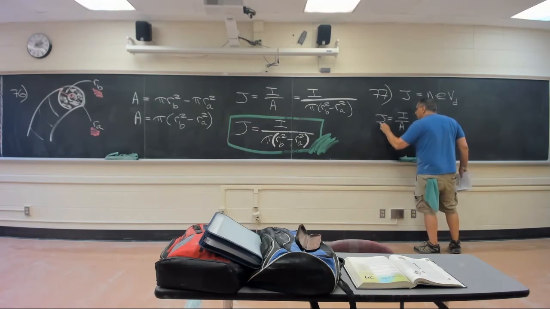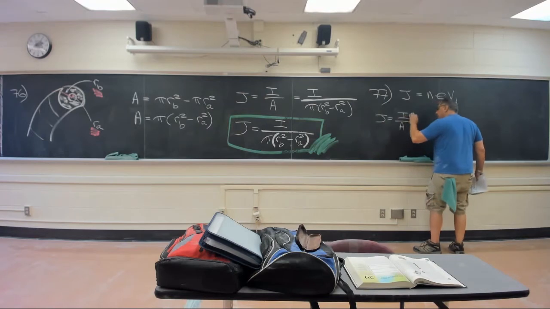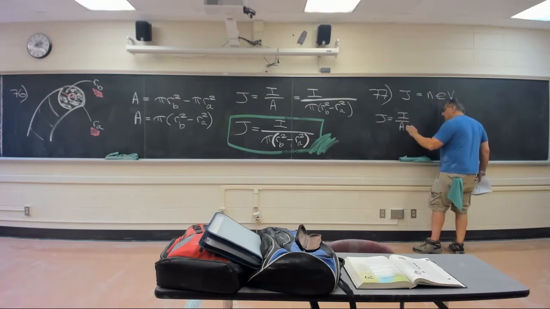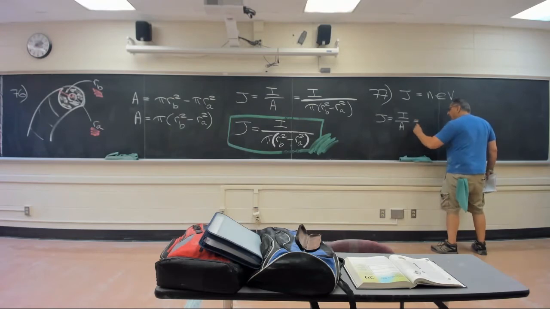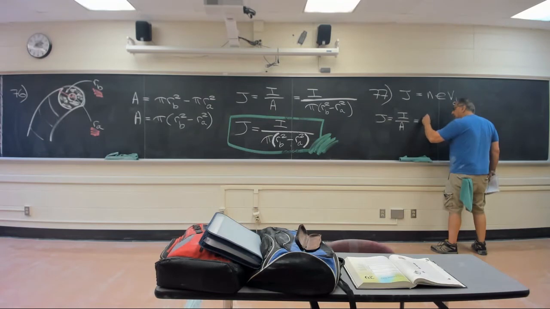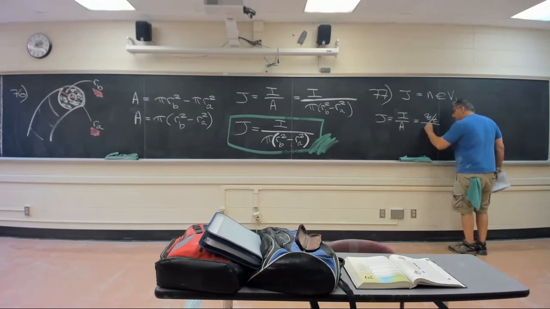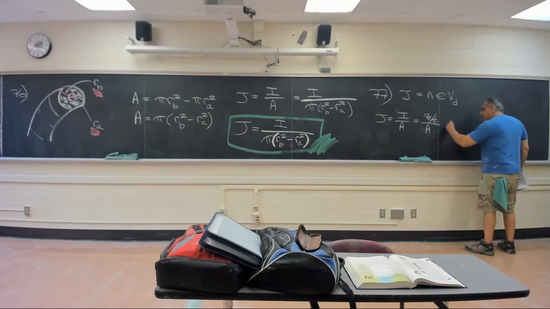J, the current density, is the amount of current passing per cross-sectional area, and that is essentially the amount of charge per unit time per area.